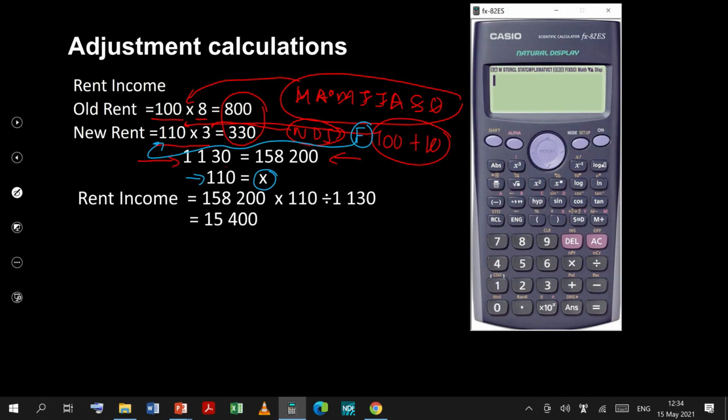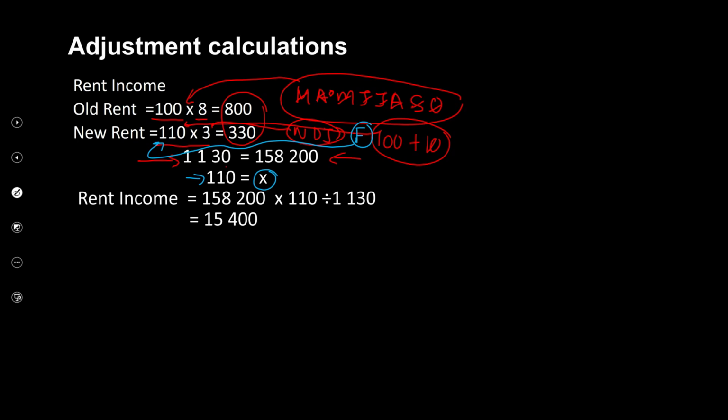Here we go. 158,200, which was my rental figure, times 110 divided by 1130, and there we go. We have our figure of 15,400. What is the 15,400? That is your accrued income for rental.